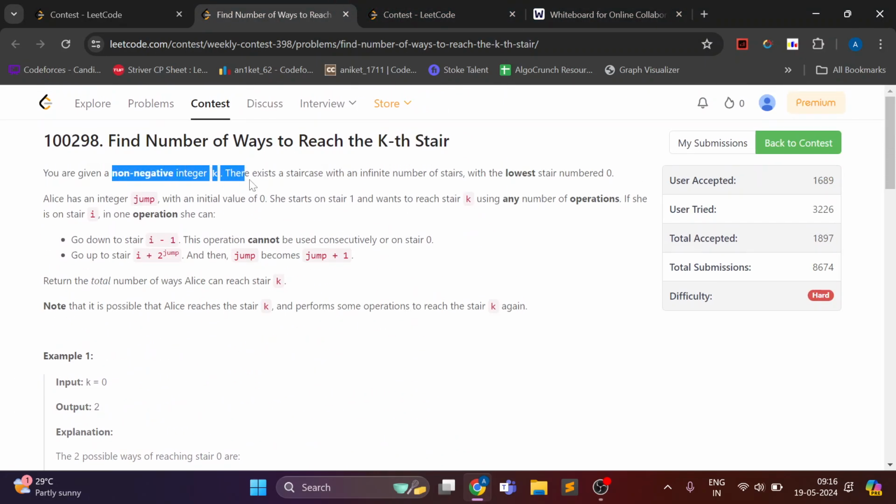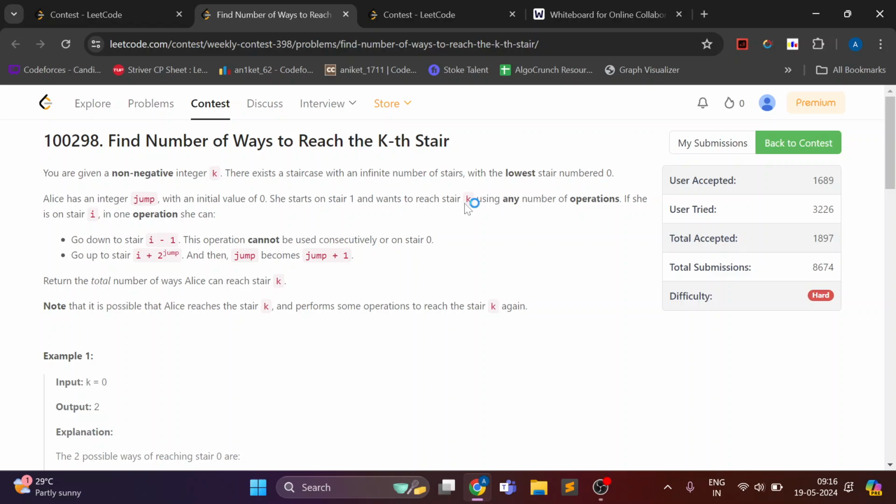We are given a non-negative integer k, and there exists a staircase with an infinite number of stairs, with the lowest stair numbered 0. Alice has a jump with initial value 0. Jump is a variable. She starts from stair 1 and wants to reach stair k using any number of operations.